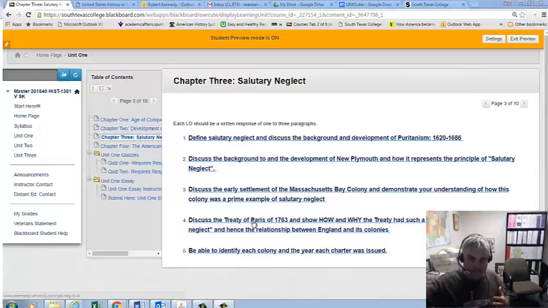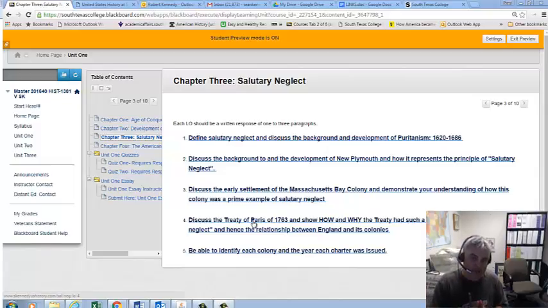During this time, because of the distance and because England still really was not a stable nation state, there was still a lot of internal strife, religious strife, political strife. And then they also had external factors to deal with. They were always potentially being threatened by the French and sometimes being attacked by the French or the Spanish.